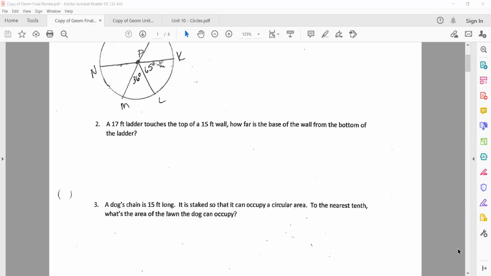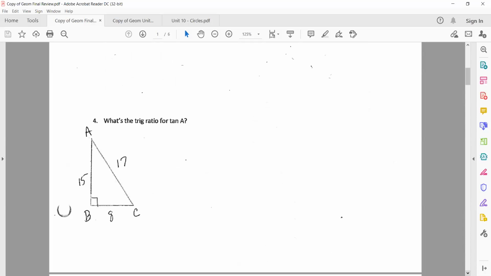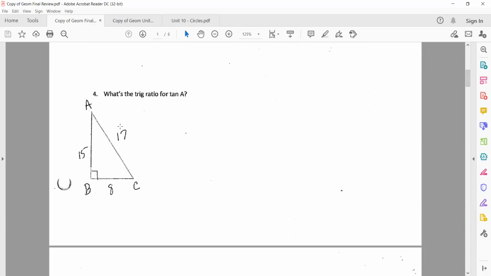So in order to help you get ready for the final, and I'll double check as soon as we're done here, but I'm pretty sure I posted this in your materials. Ooh, trig ratio for the tangent of A. What are the sides that we're dealing with for the tangent of A?